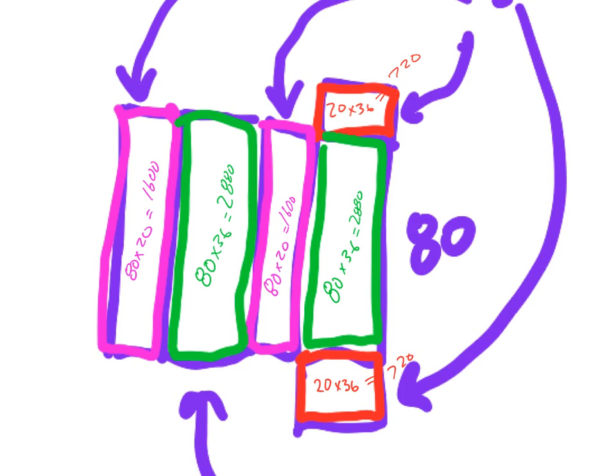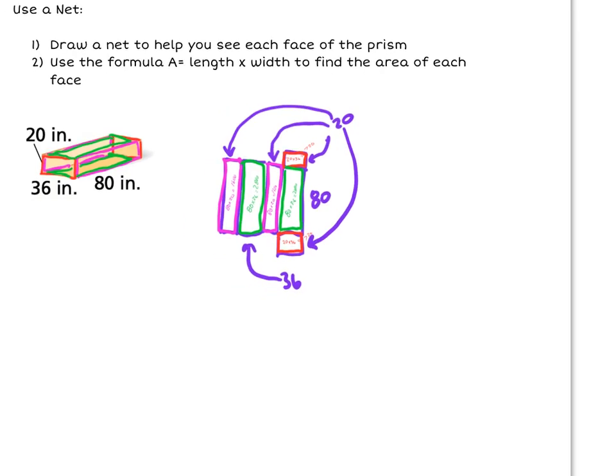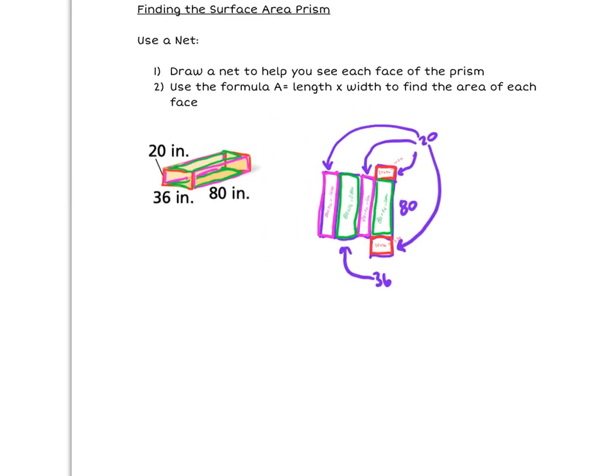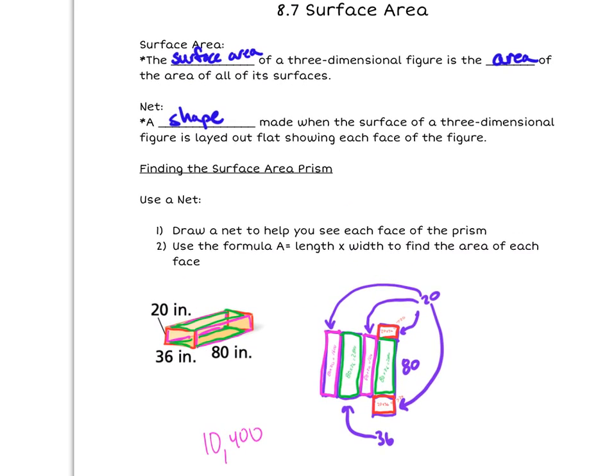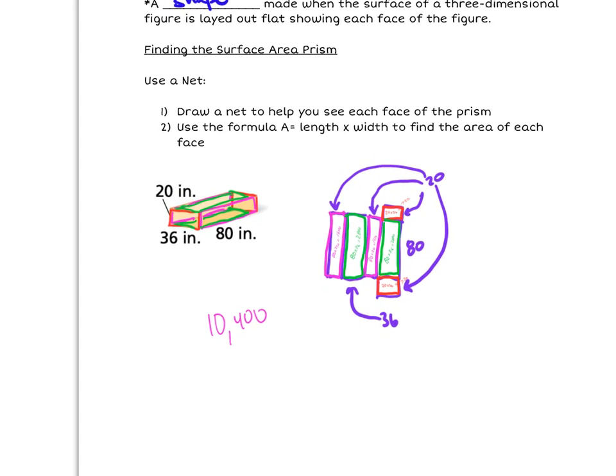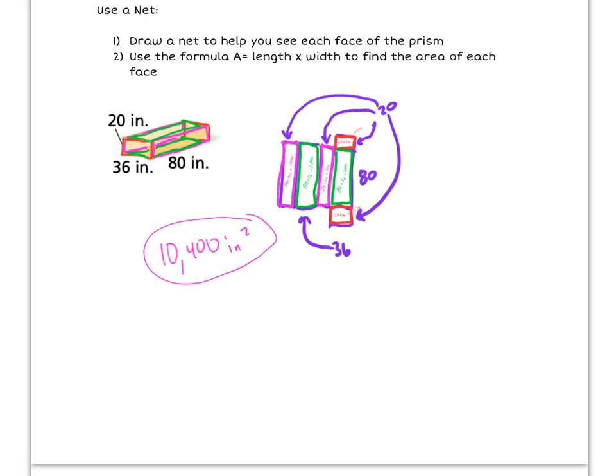And for a final answer, after adding every single one of those up, you would get 10,400. And we are doing surface area, so our units are going to be squared, so inches squared, when you add all of those up. So that's one way to find it.